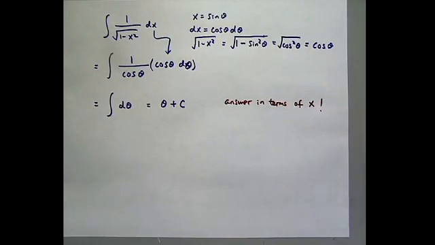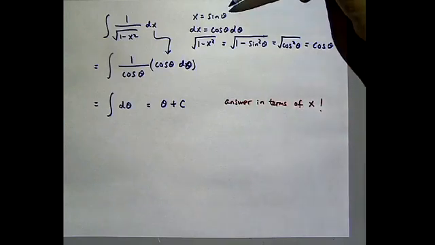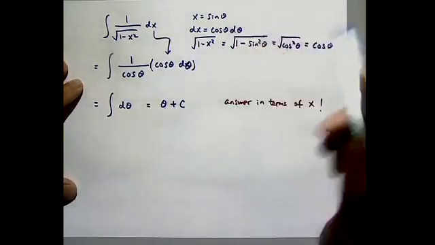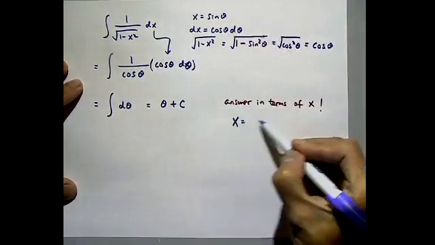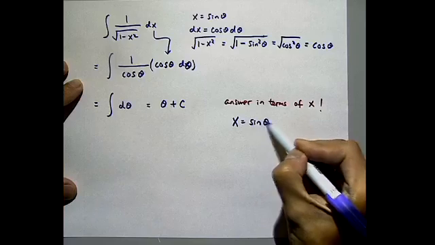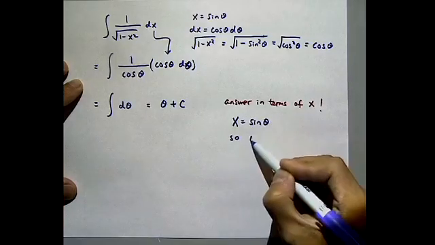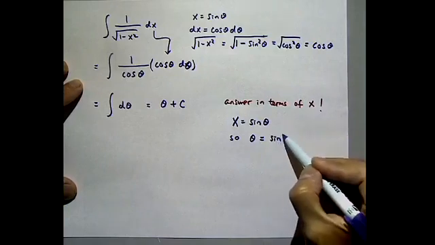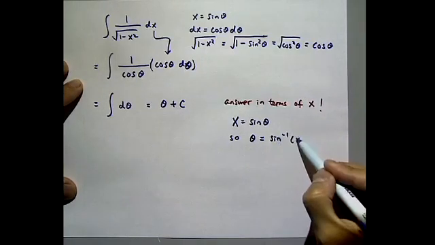And how can I do that? How do I go back to x? Right. I can look at this one here, for example. Or I could go back to my triangle. But this is probably the simplest way to do it. x is equal to sine theta. So how would you write theta? Good. Inverse sine of x, right?